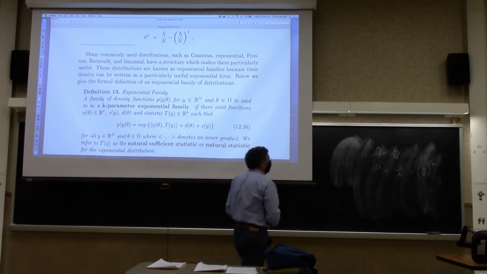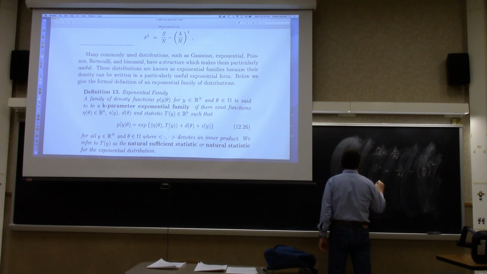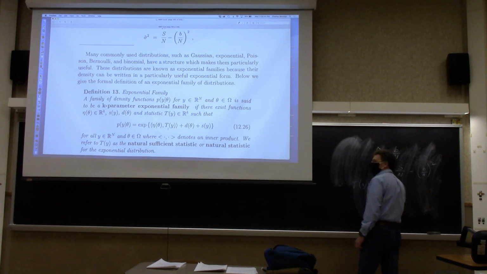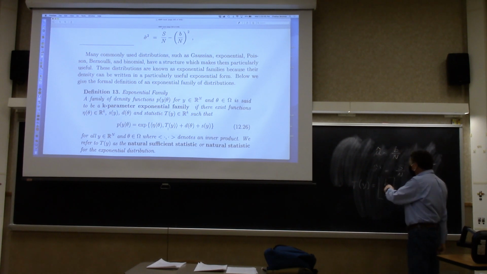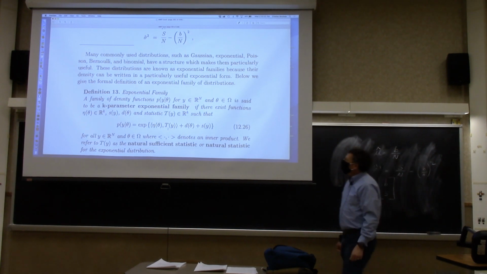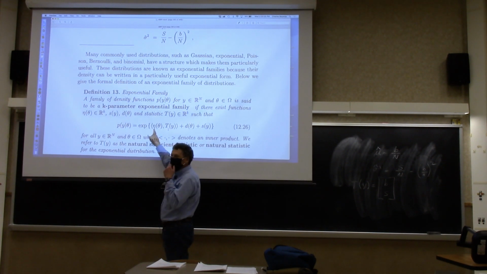In this particular case, T of y is B and S, okay? We know B was the sum of the y's, and S was the sum of the squares of the y's. So that's what T is, and eta is some function of the thetas.